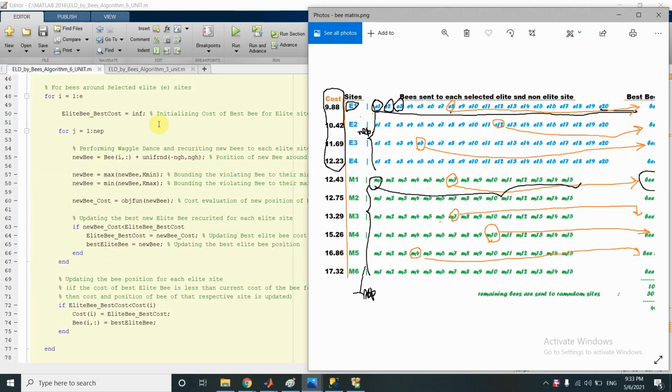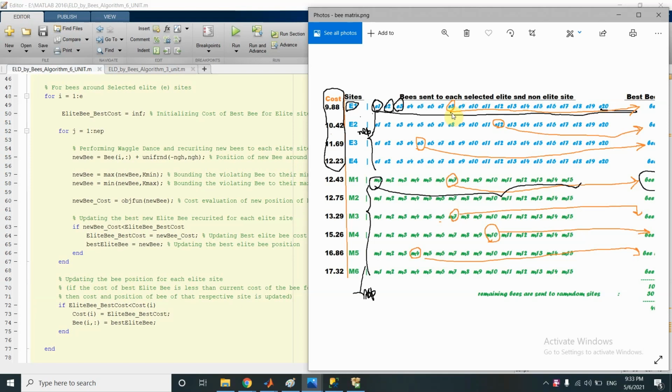for the first iteration of the for loop corresponding to site E1, if 20 bees are recruited to go and search for food around E1, then the elite bee best cost will store the best cost value among all these 20 bees, and the best elite bee variable will store the position of that bee which has the best cost among all these 20 bees.